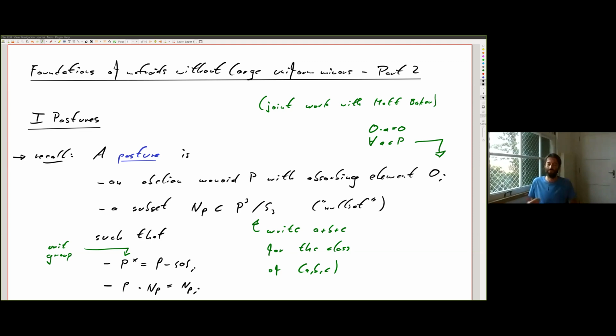The name is derived in a very precise sense, and I will remark on that when we arrive at that point. The other thing is that part 2 refers to this being the second part of our series of 2 talks. It's not about the foundation of matroids part 2, but still about the same paper that Matt and I put on the arXiv about a month ago.